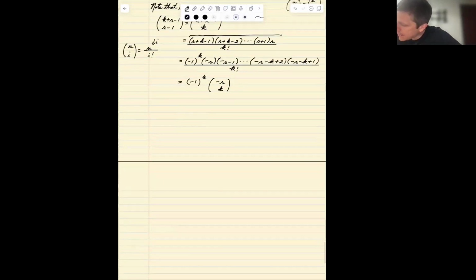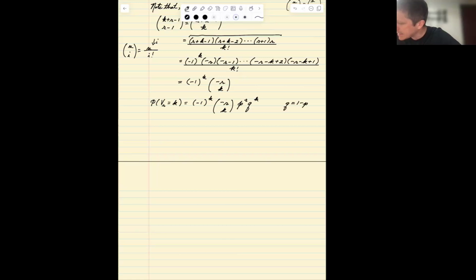And if we write it this way, we end up with the probability that W_r equals k can be expressed as -1 to the k, minus r choose k, p to the r, q to the k. And of course, q is equal to 1 minus p.